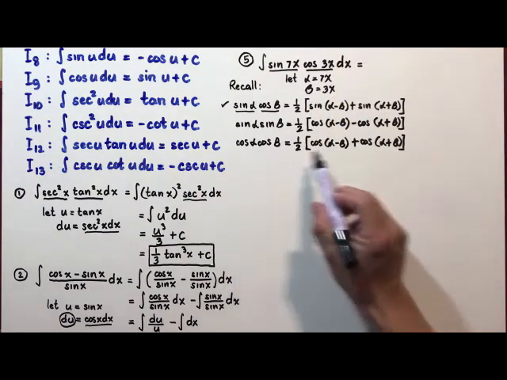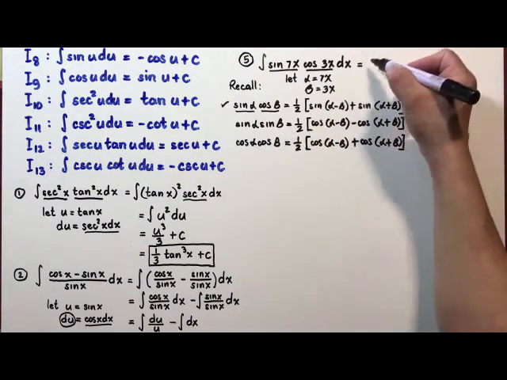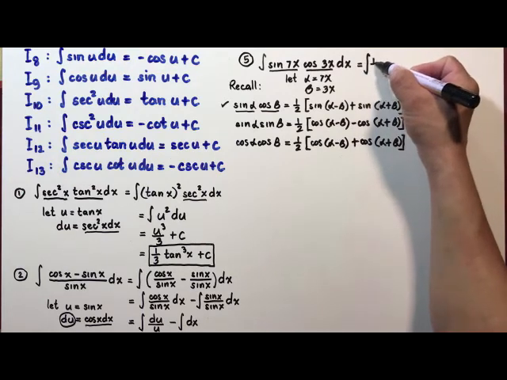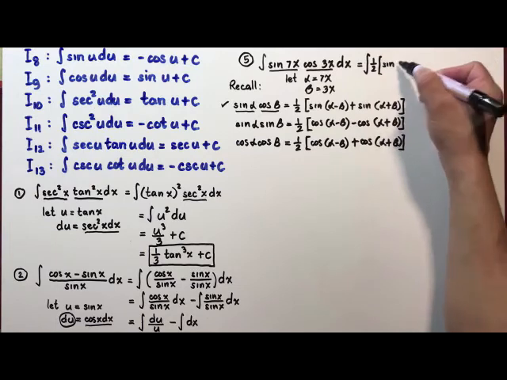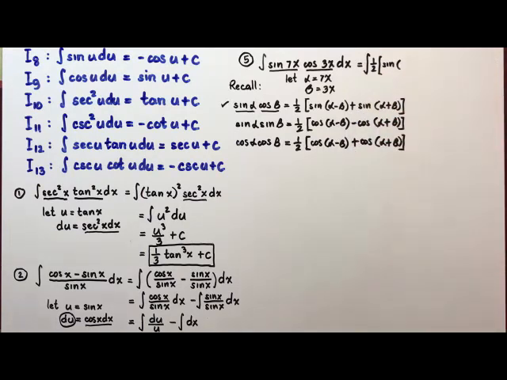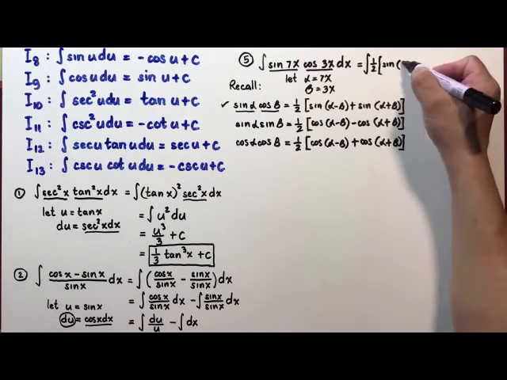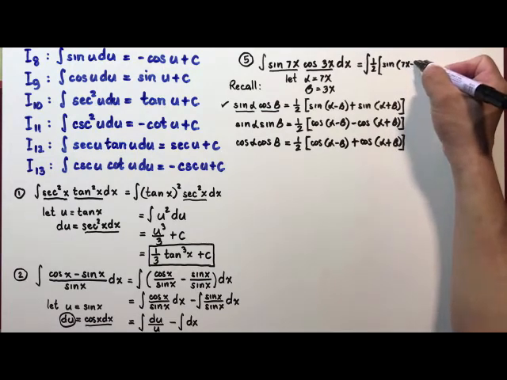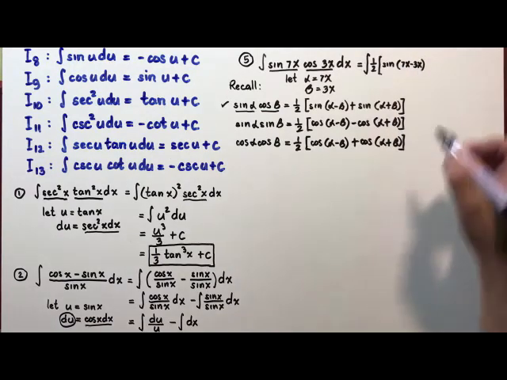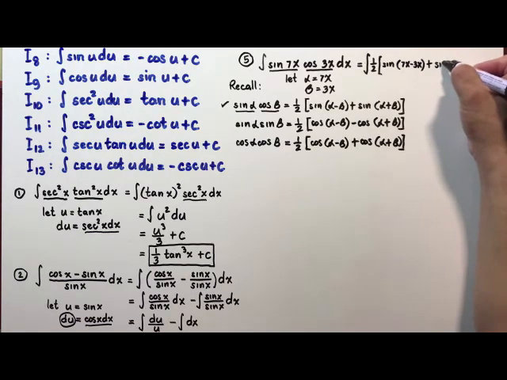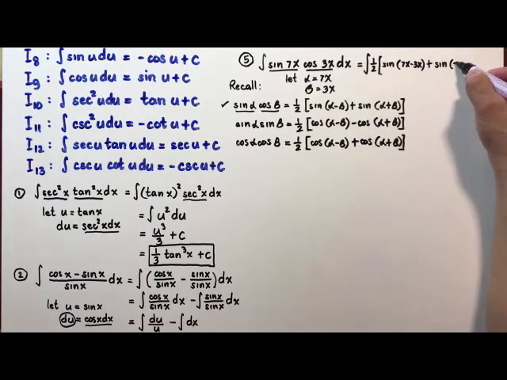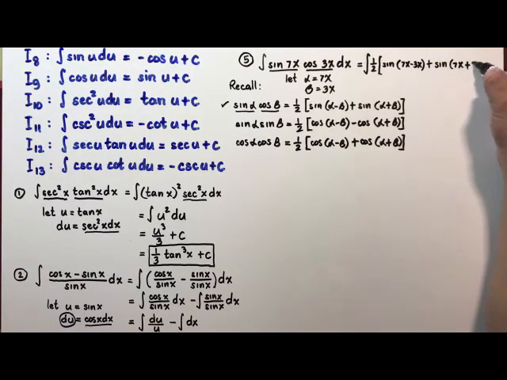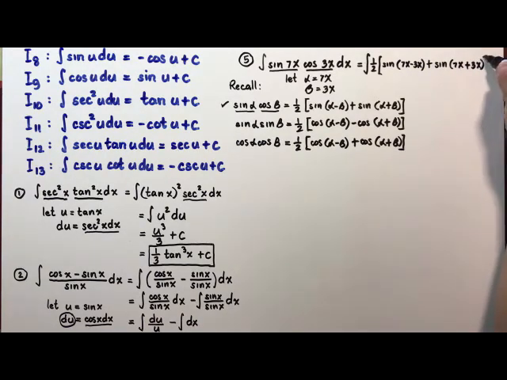Applying this identity, this is equal to the integral of 1/2 times the sine of alpha minus beta, and our alpha is 7x minus the beta of 3x, and then this is added to sine of alpha plus beta, which is 7x plus 3x, and we still have dx.